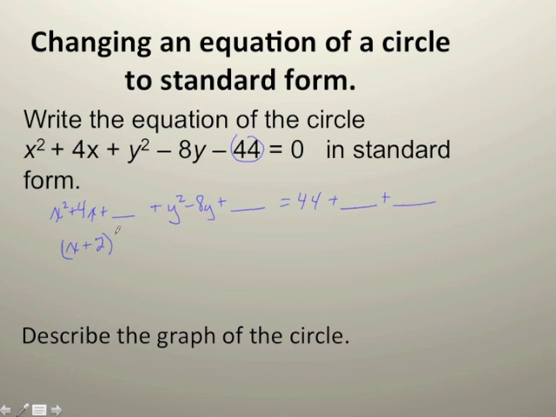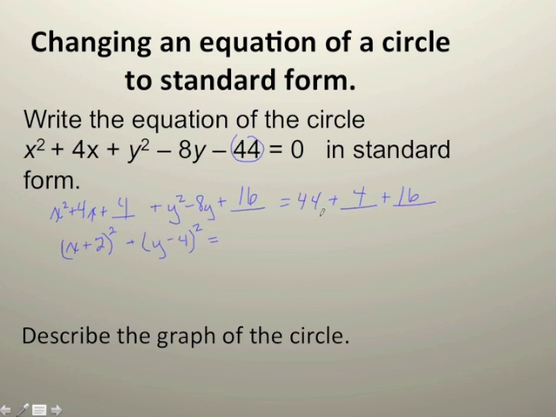Half of 4 is 2, squared. 2 squared is 4. We add that to both sides. Here, for y, what's half of negative 8? Negative 4, squared. Negative 4 squared is 16. Add that to both sides.